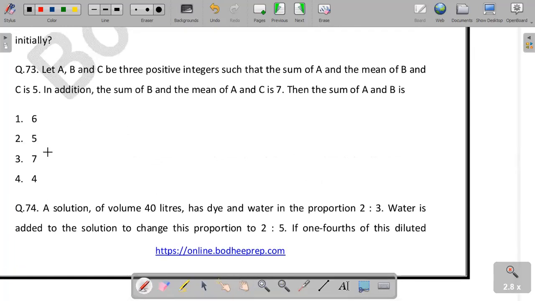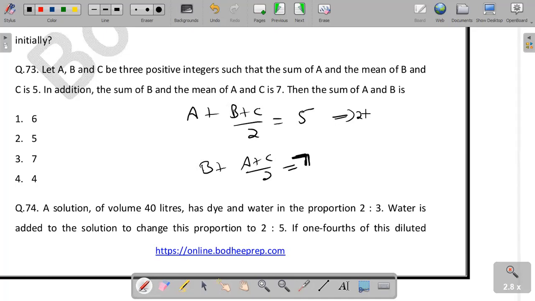A, B, C, three positive integers such that the sum of A and the mean of B and C is 5. Okay, so nothing to worry about. In addition, the sum of B and the mean of A and C is equal to 7. Okay, so I can say 2A plus B plus C is equal to 10. 2B plus A plus C is equal to 14.